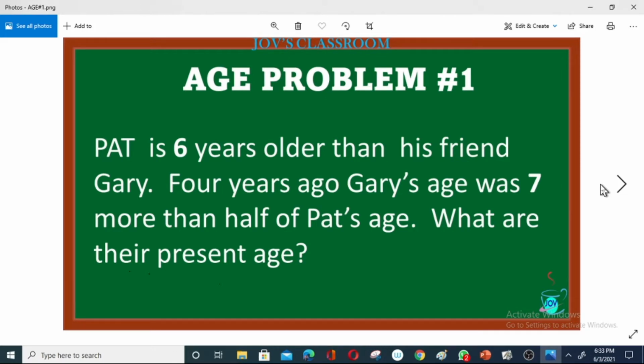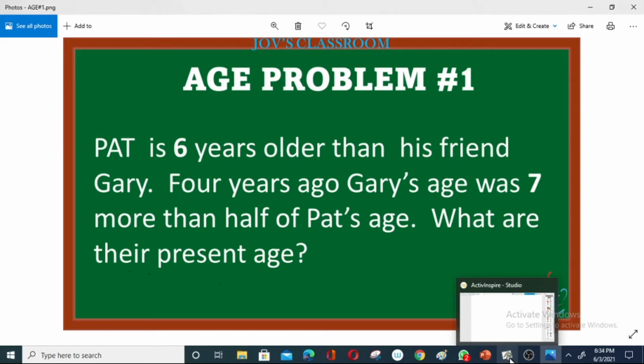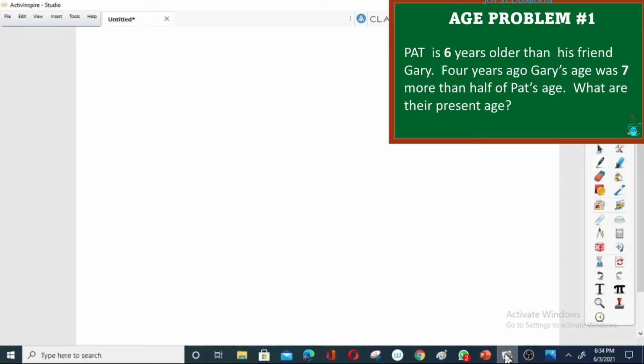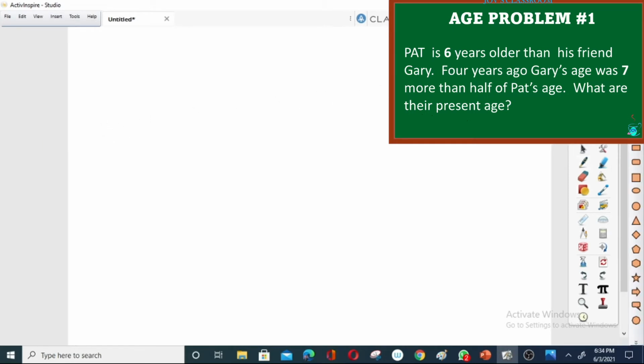Okay, so in solving age problems, as I mentioned a while ago, it involves present, past, or future age. So same tip, let us draw a table so that we can easily solve the problem.